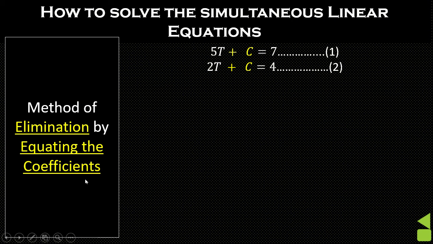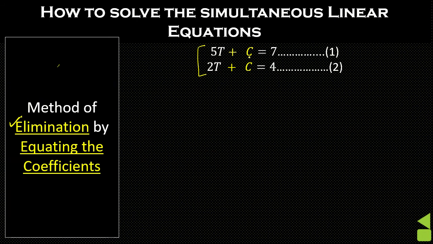First we will see the meaning of elimination, and then how we make the coefficients equal. Here we have two equations.